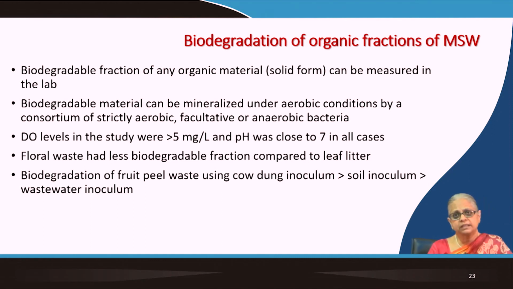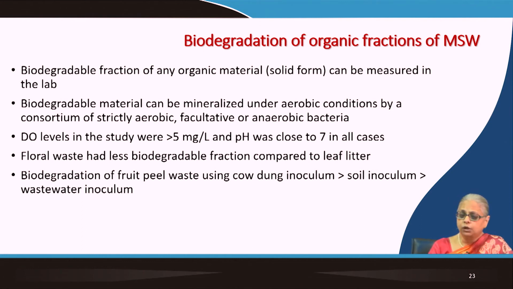So it was always greater than 5 milligrams per liter, and the pH was maintained using a buffer that provided neutral pH as well as phosphate or phosphorus for growth. So in all cases there was minimal change in pH, and it was always just around 7.